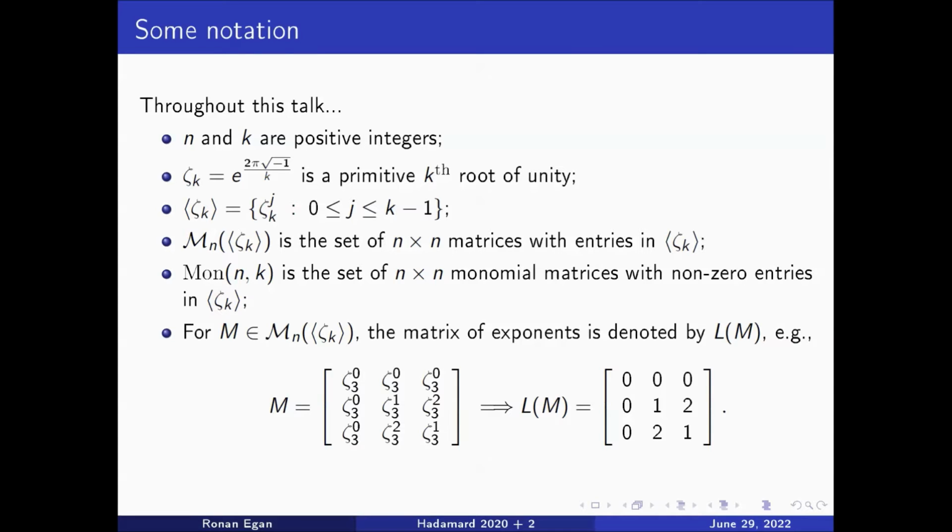So here's an example where I have third roots to whatever the power is, and in this matrix, we're just taking the powers. That's convenient for writing it down in an easier to see way, but we are also going to be treating these matrices as having entries in the integer ring modulo, in this case 3, but modulo k in general. So it is an important distinction to make.